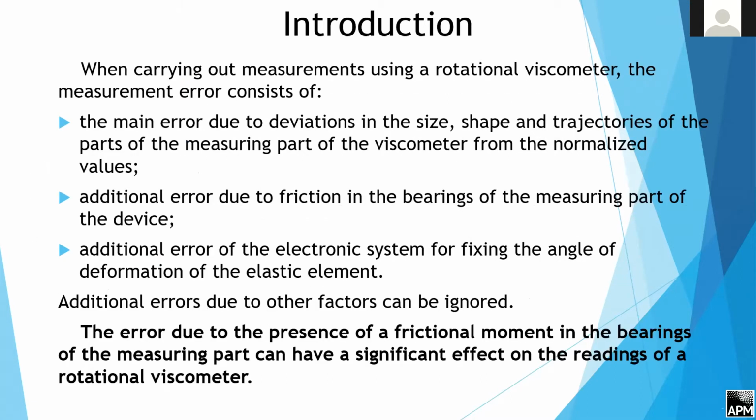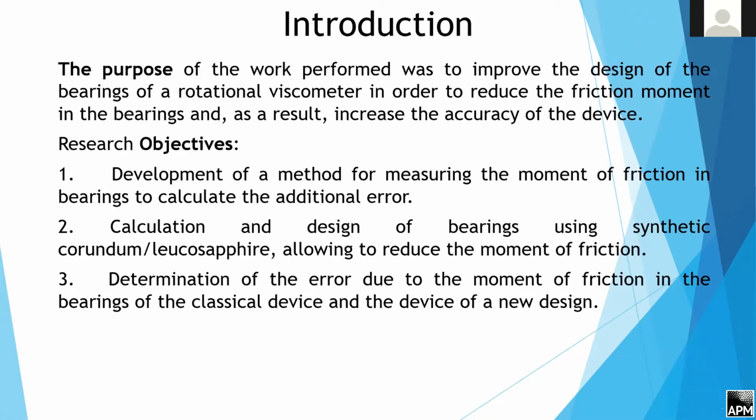In the real world, the measurement process is complicated by errors created by the non-ideality of various parts of the viscometer. In this paper, we consider the effect of friction in the bearings of the measuring part on measurement accuracy.